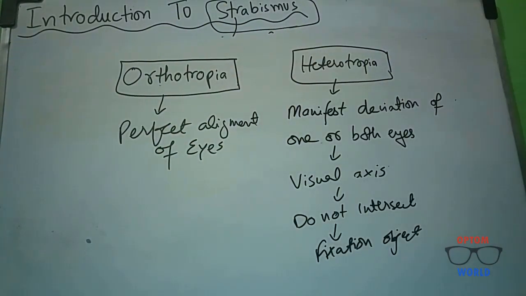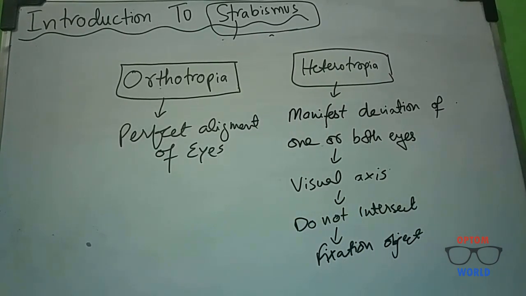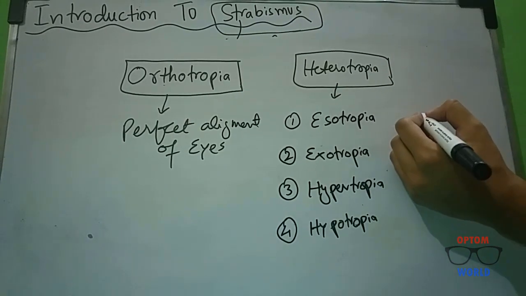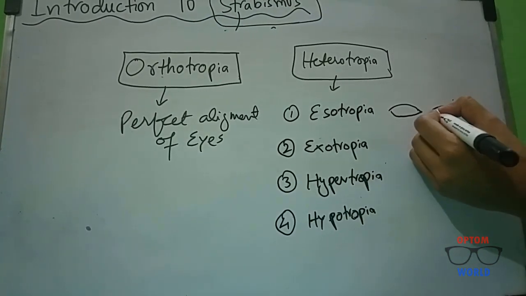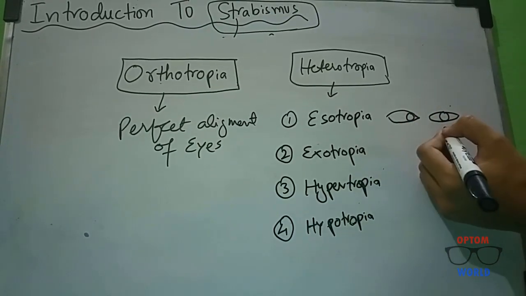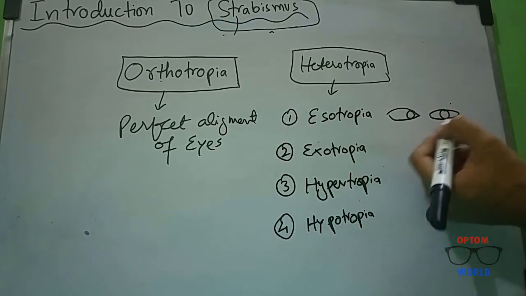So we classify heterotropia into different types. Esotropia means that your eye moves inward. It means that the patient will look like this. In this case, there is right esotropia. The right eye has moved inside.